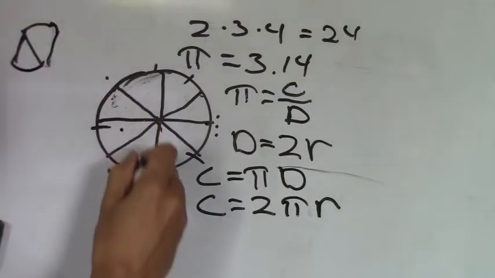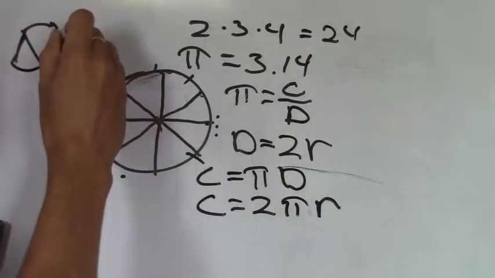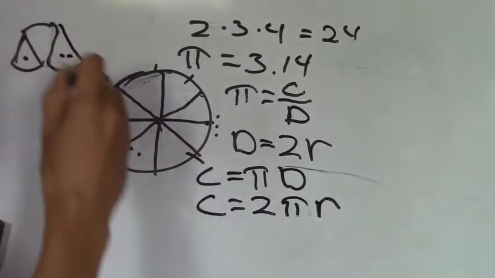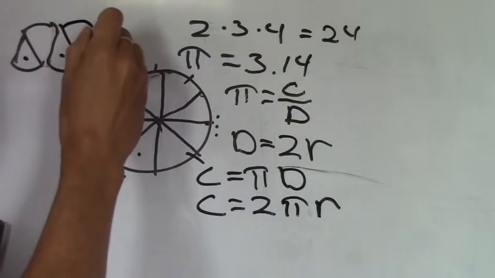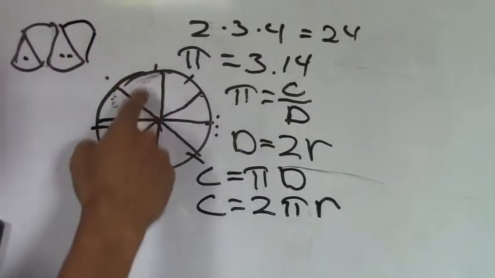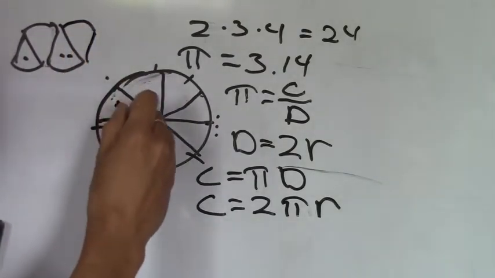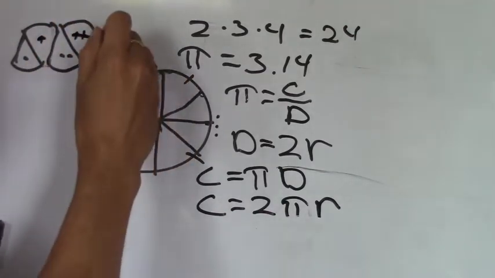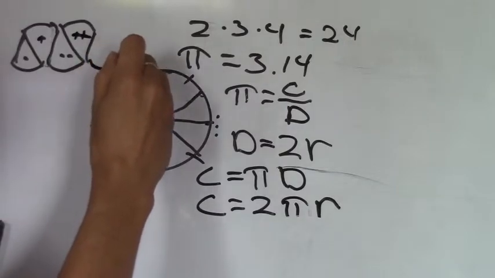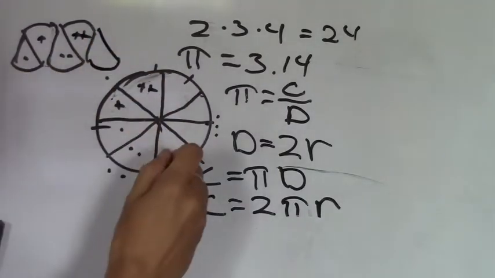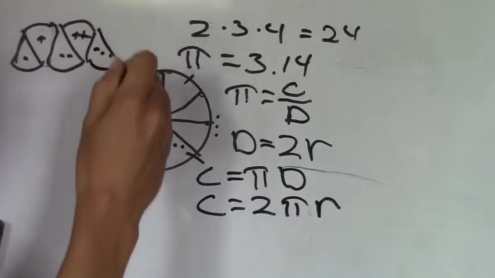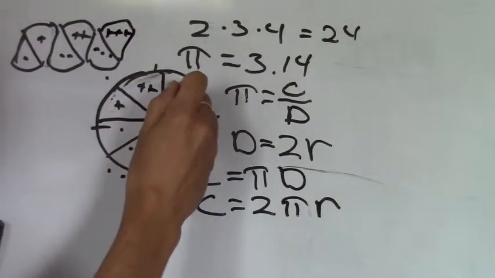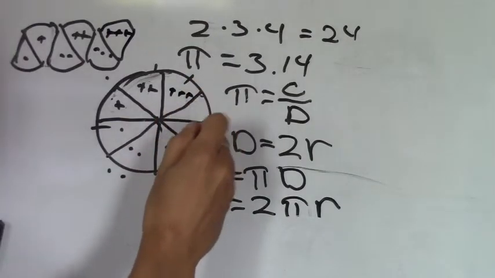So let's say I have that one, and then I do this one, right? And then I do that one. In fact, you know what? I'll put an X, and then I'll take this one and put it there, and then I take this one. It's supposed to be pieces of this pie. 1, 2, 3. 1, 2, 3, and then I take that one, X, X, X, X, and there'll be 4 of them, right?